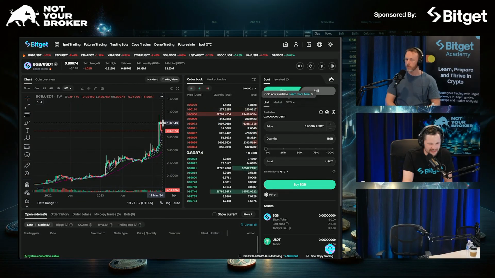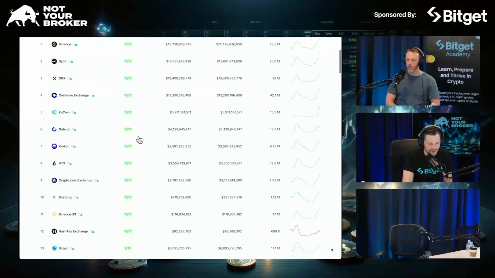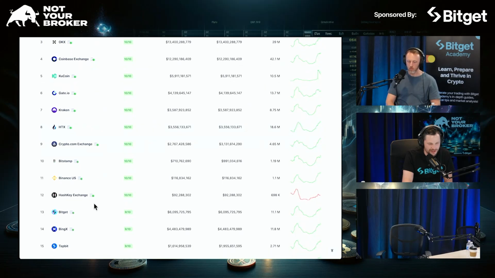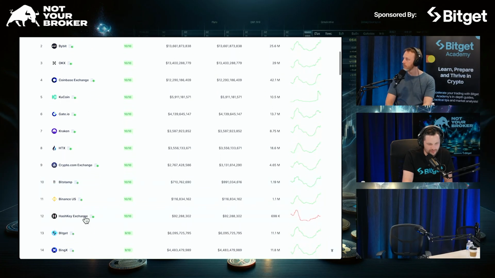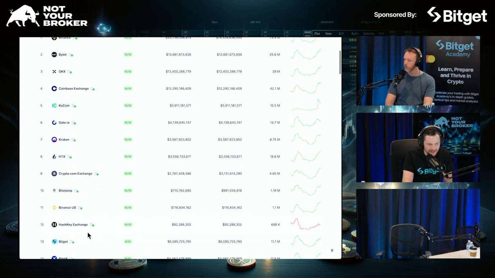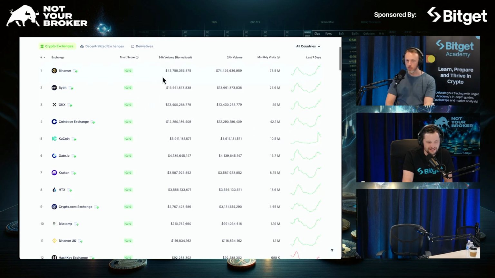So 19 cents to over $1, and I was just looking at the top exchanges here. I mean, Bitget is 13th here in 24-hour volume. Comparing that to, at $6 billion, even Binance, the market cap of BNB is so much higher than Bitget.